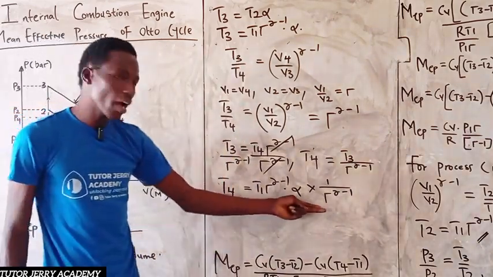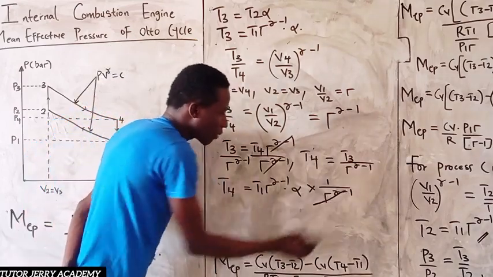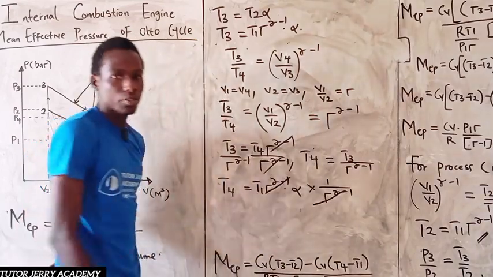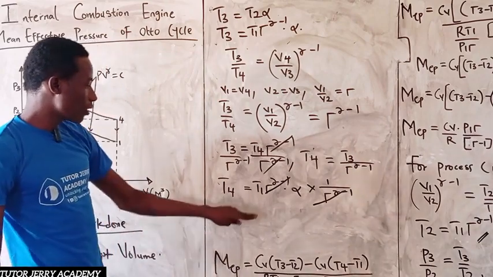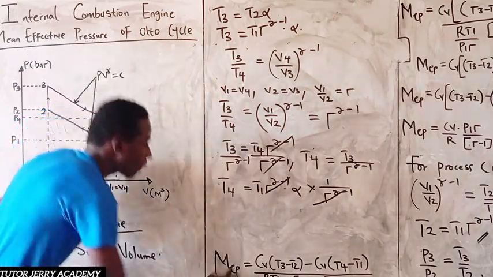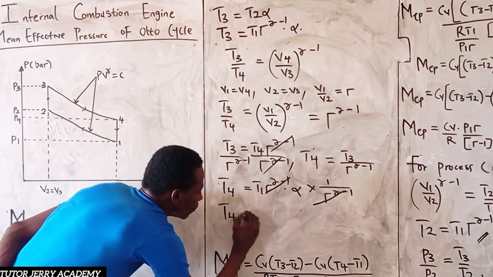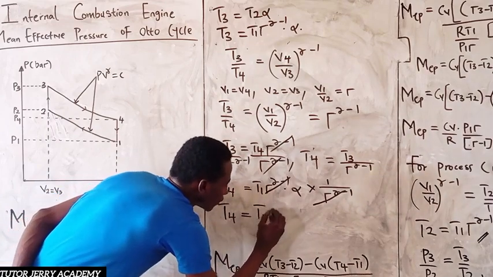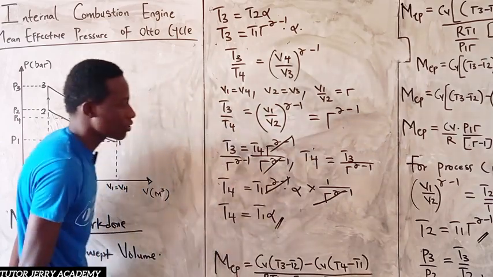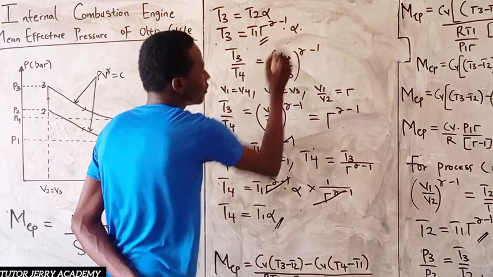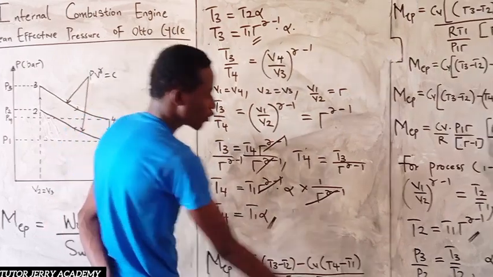Now from here, you will agree with me that compression ratio to the power of gamma minus 1 will cancel out compression ratio to the power of gamma minus 1. I will be left with T1 alpha. So my T4 will be equal to T1 alpha.